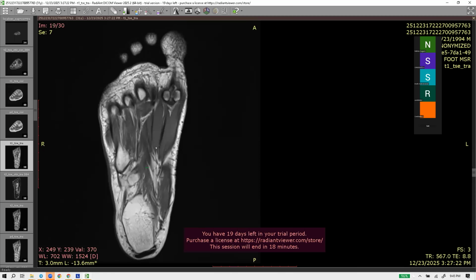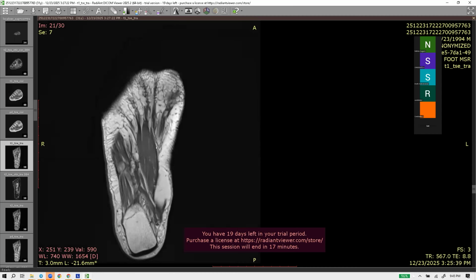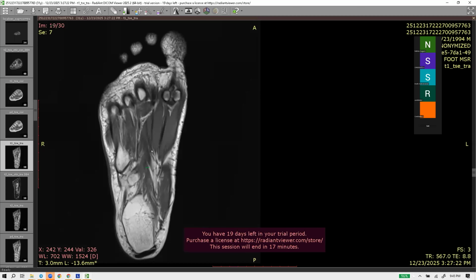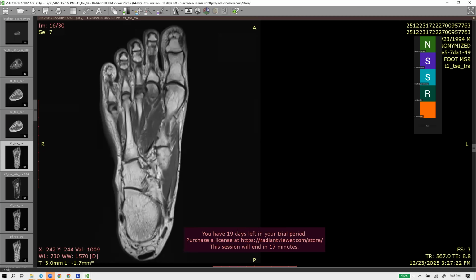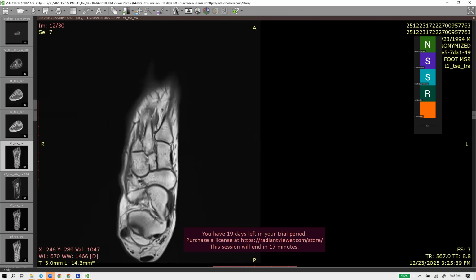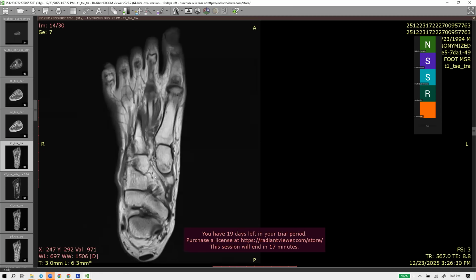So I will further evaluate this patient on fluid-sensitive images. Okay, can you just summarize what you have seen in these sections? Just tell me the positive points.